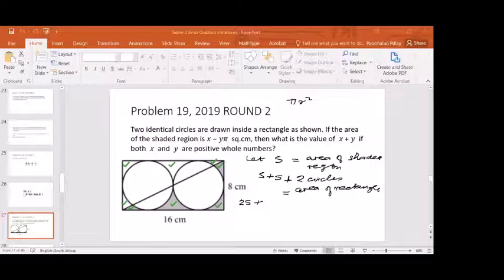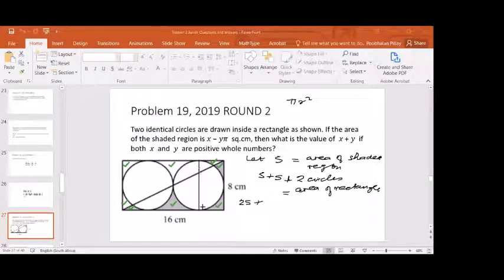Now, how do I find the radius? Well, now you have to think a little bit. But you can see this entire length here is the diameter of the circle, which is 8. So therefore, the radius is 4, I'm sorry.